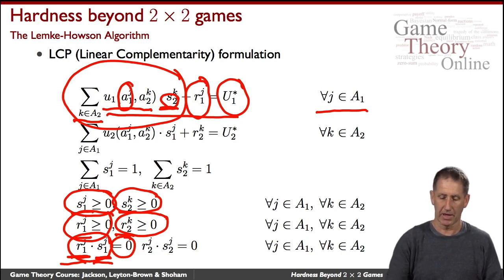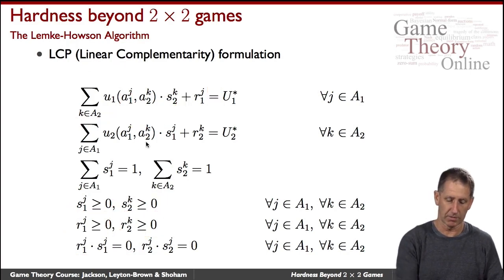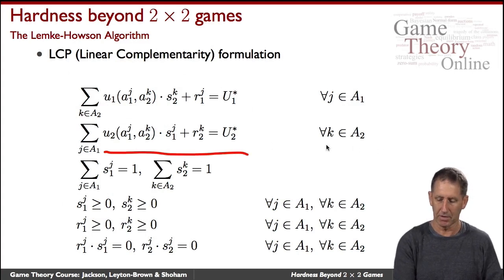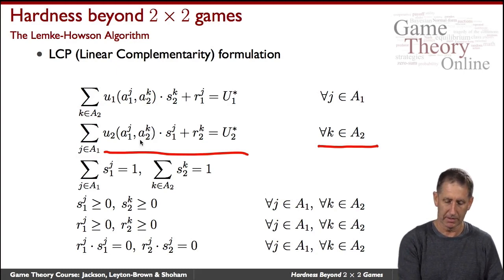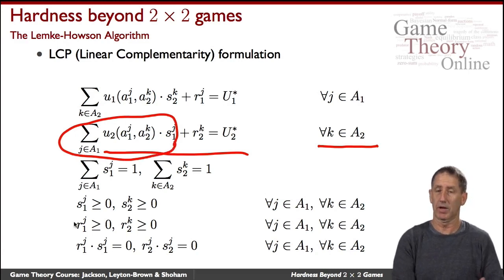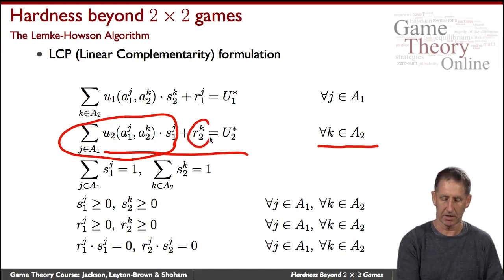So I hope that's clear, and you can see now similarly for player 2. For player 2, we take each of their actions and we say if they're going to play it with some probability, then we look at their best response here, given whatever mixed strategy player 1 is going to play, and we're going to look at the slack variable here, and again we're going to require that their product be 0.